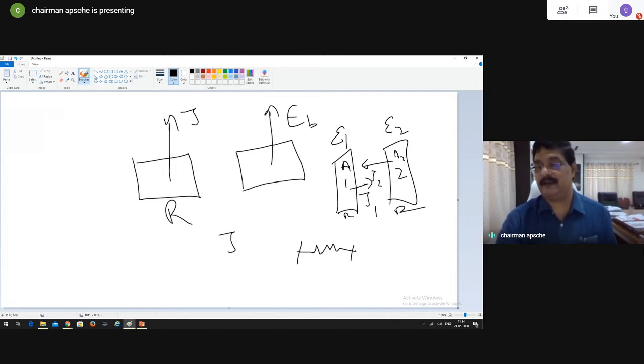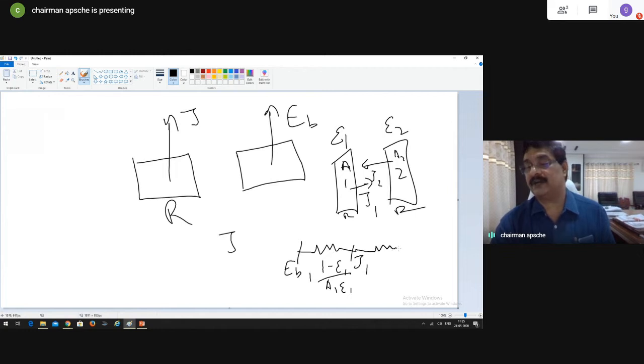Now, in between, had it been a black body, it would have started with EB1, whereas it's not a black body, it is only J1 coming out. And in between, what is the resistance? Surface resistance 1 minus emissivity divided by A1 emissivity 1. And of the J1, how much is intercepted by surface 2? Only a fraction, A1 F1 to 2, right?